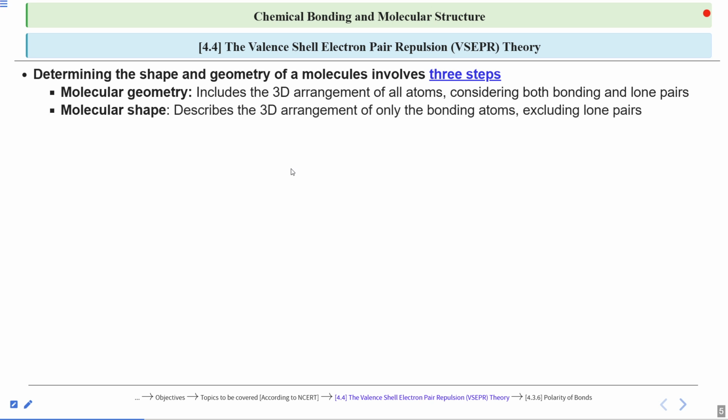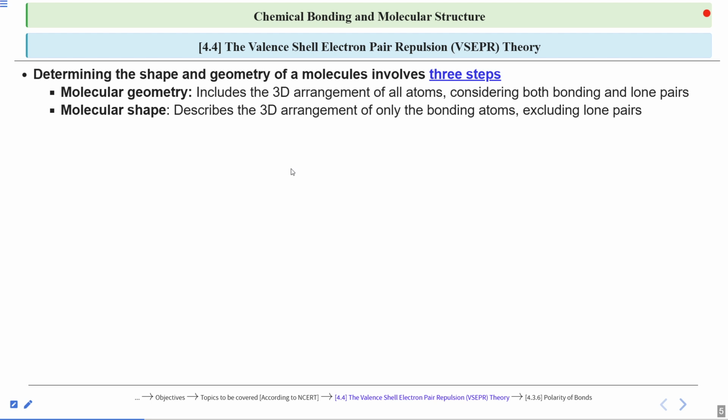The second thing is molecular shape, which excludes the lone pairs. This will be more clear when we move on to the discussion of the shapes. But for now, you should remember two things. If you are considering the geometry, you should see the position of the lone pairs and the bond pairs both. And if you are looking at the molecular shape, you have to exclude the lone pairs.